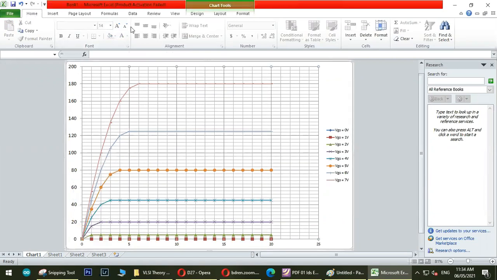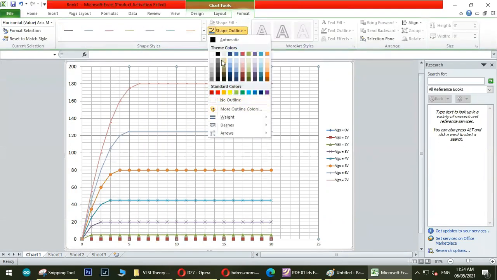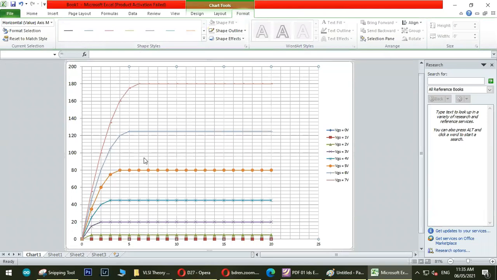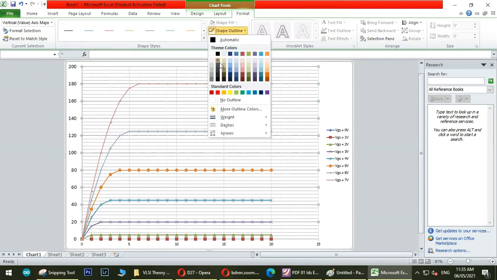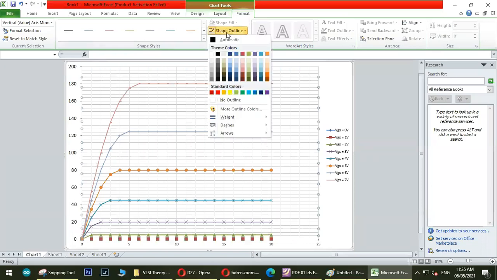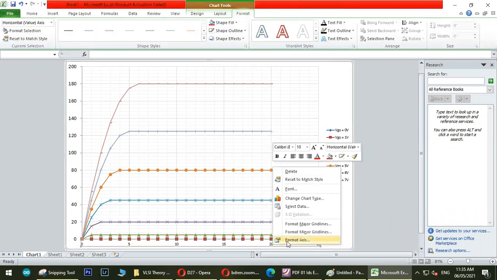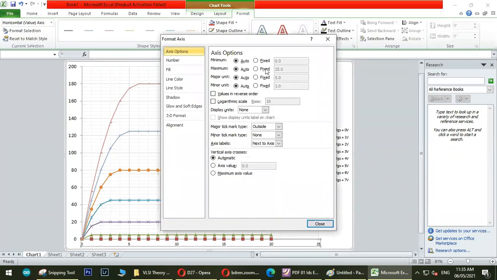You can make it more subtle. You can go to format axis, you can go up to 20 or 25.